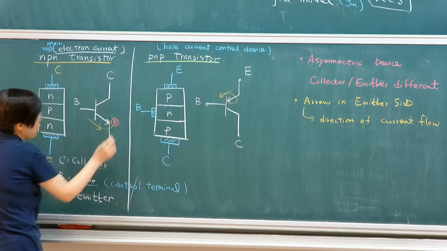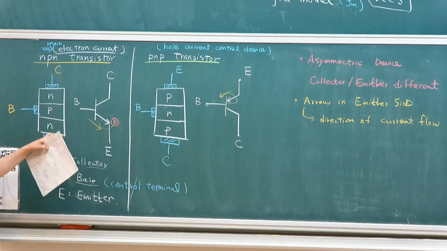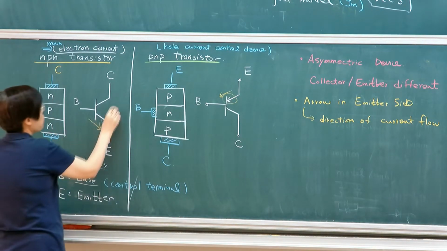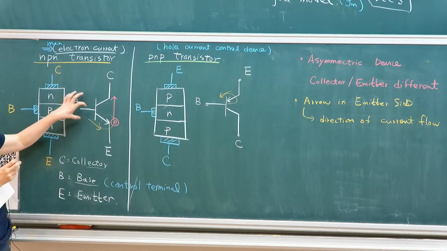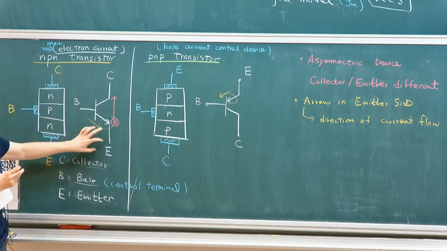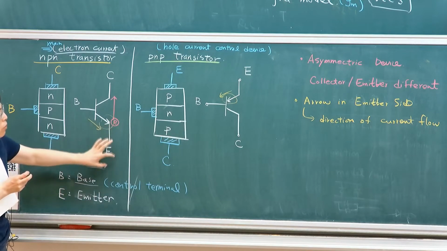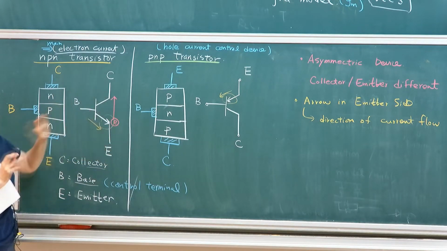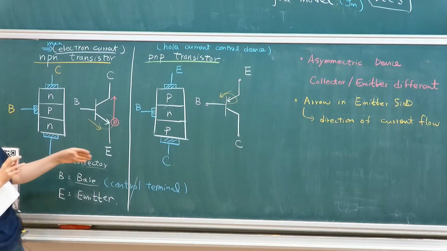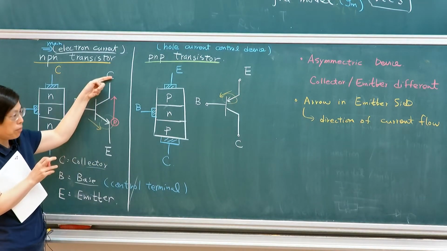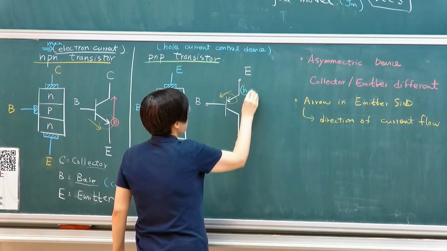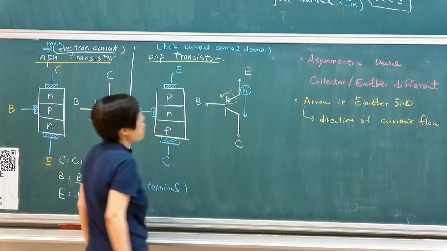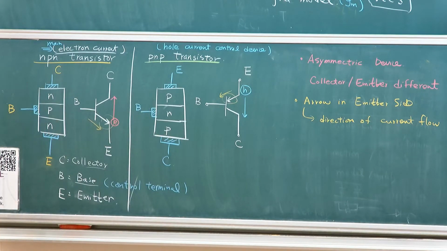So if I have electrons emitted from the emitter going to the collector, that's the main operation of this device: through the base voltage, to control whether there are electrons going from emitter to collector. So your main carriers are always going from emitter to collector. On the opposite side, I would then mainly have holes going through the control base from emitter to collector.